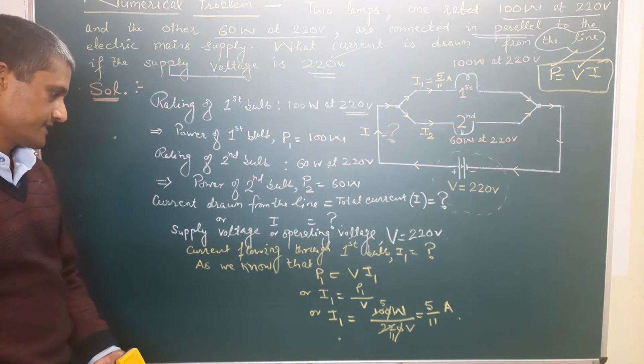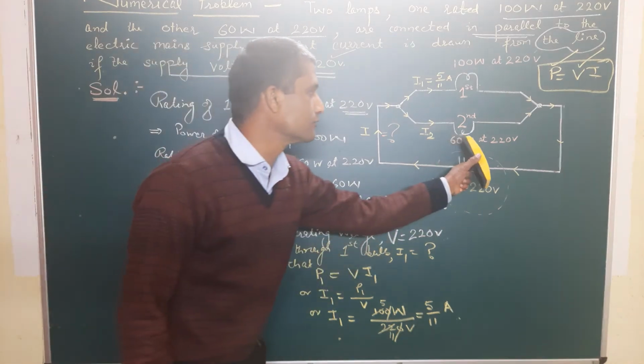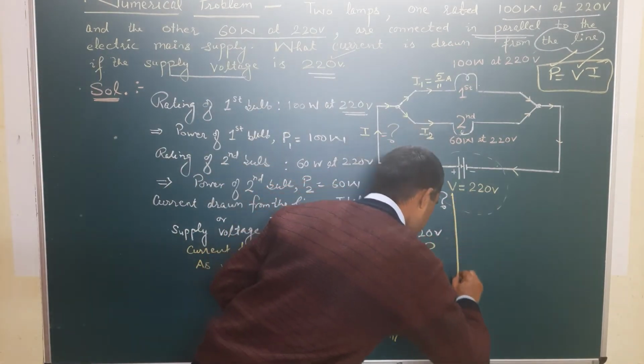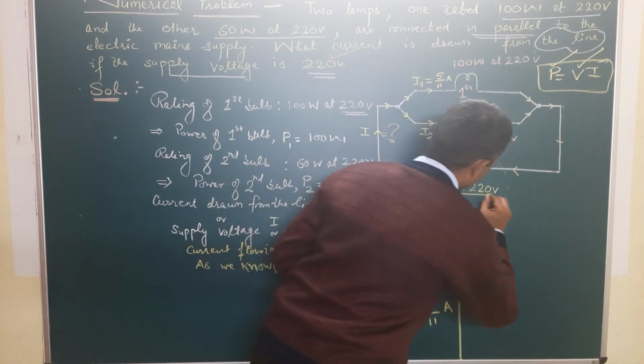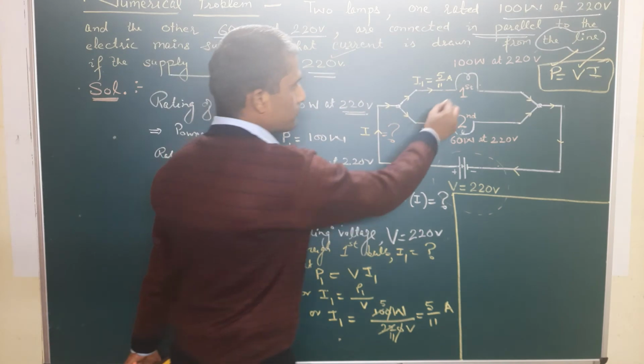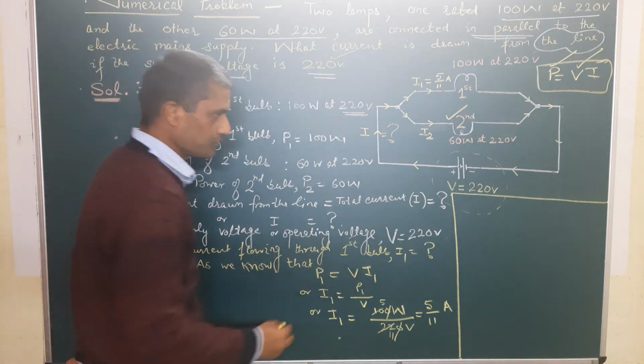That's the first case. Now we are going to find out the current flowing through the 60 watt bulb. Now we come to the second bulb, and the same way we are going to do it.